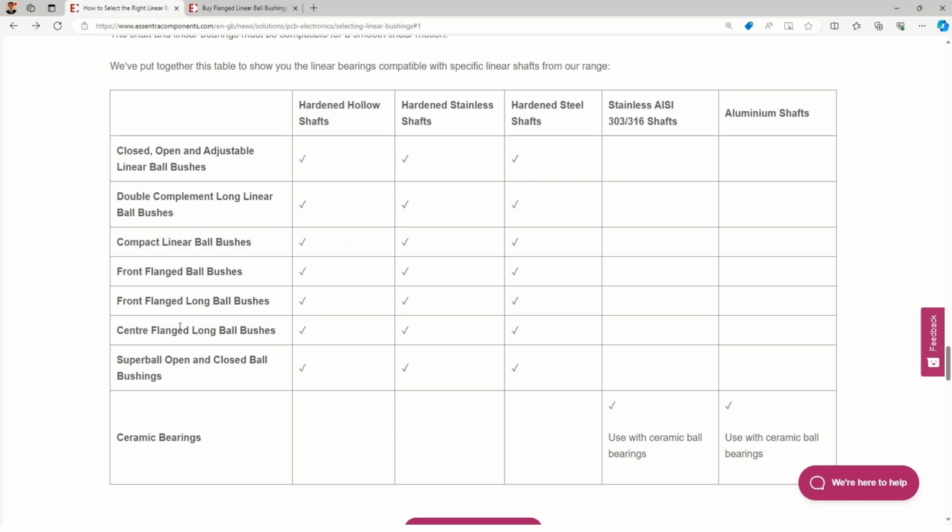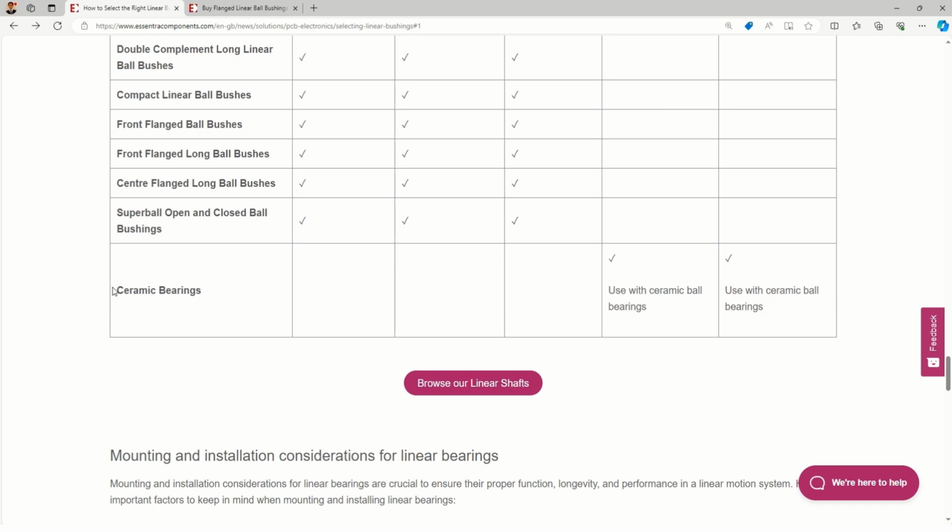So for aluminum shafts we require ceramic bushings. You can see the ceramic bushings are for stainless steel and aluminum. So if our shaft is made of aluminum, we should take care that the bearings used are ceramic.